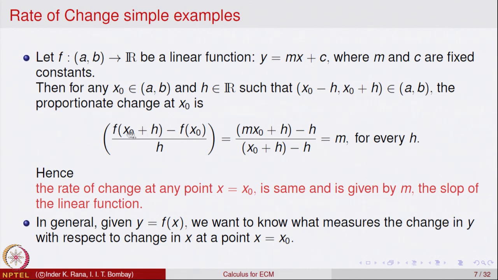This is the increment in the values of the function, and this is the increment in the independent variable x at the point x naught. So, this is the ratio of the change, the change in y divided by the change in x, right. So, f of x naught plus h minus f of x naught, divided by h.